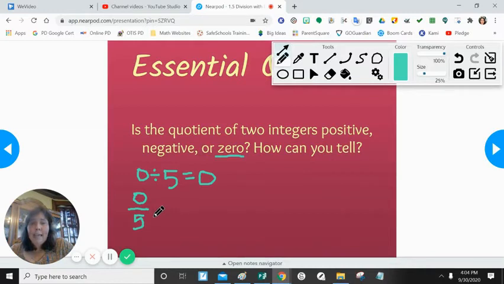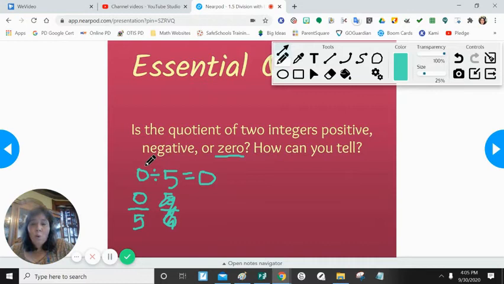I can easily take, say, a pizza and split it up into 5 pieces, and then I can give 0 of those pieces to my brother. But I can't take a pizza and divide it into 0 pieces and then give my brother 5 of them. That won't work. So whenever your numerator is 0, then you can do your division.